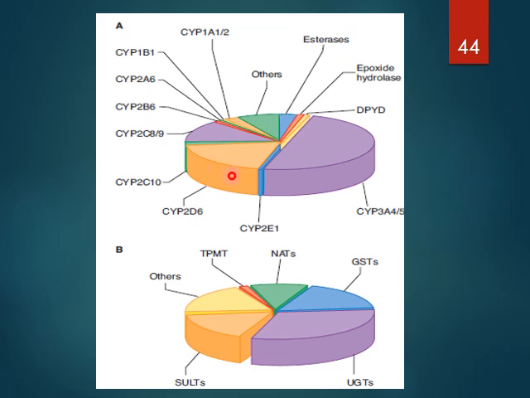You can see 2D6 is another large one, 2C8 and 9 is an important one as well. 2E1, even though it doesn't metabolize a lot of drugs, the drugs are common enough that they do become clinically significant. And then on this bottom pie chart here, you have phase 2 reactions and how those get broken up. It's a little bit more evenly split between them. Nothing too important to take away from this pie chart here.